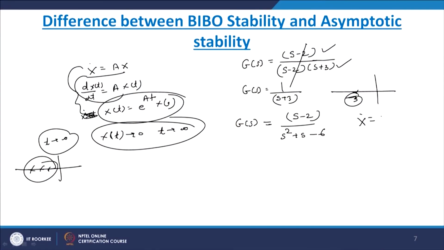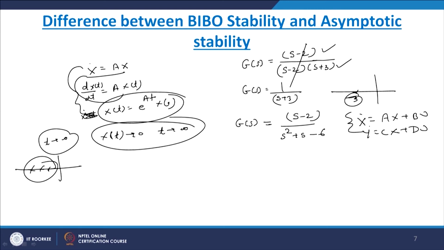We have seen the different types of form, that is the controllable canonical form, then diagonal form, Jordan form, the various types of forms we have seen, even the observer form. So, now we write this G of s in terms of a state space model. State space model means we want x dot equal to Ax plus Bu, y equals Cx plus Du.